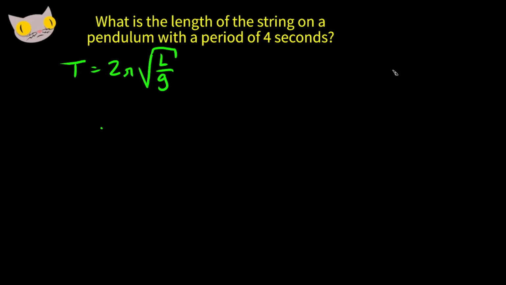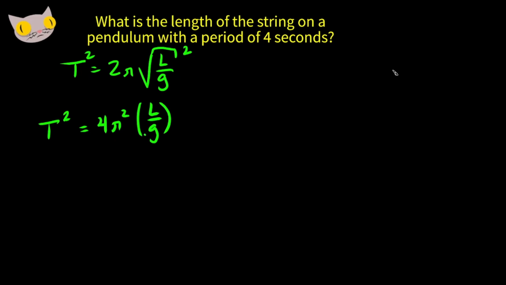Now let's rearrange this to make the process a bit more streamlined. So let's square both sides to get rid of the square root. So we have T squared is equal to 4 pi squared times L over G.